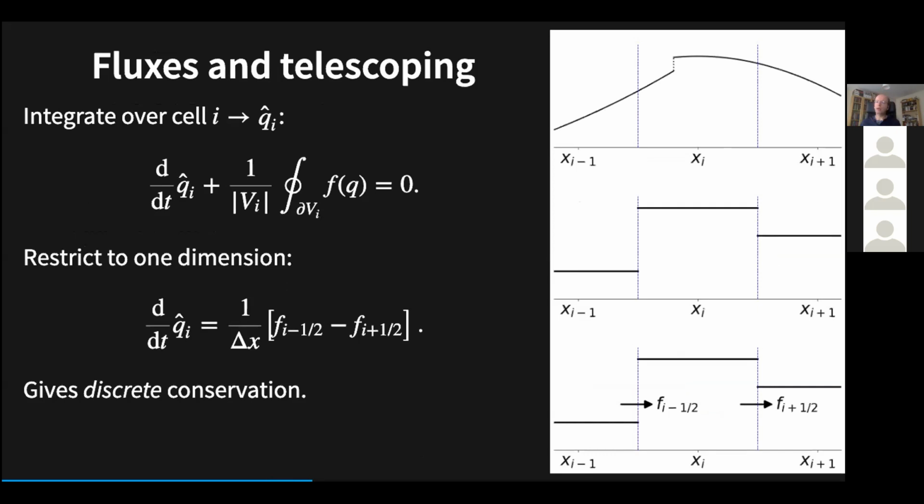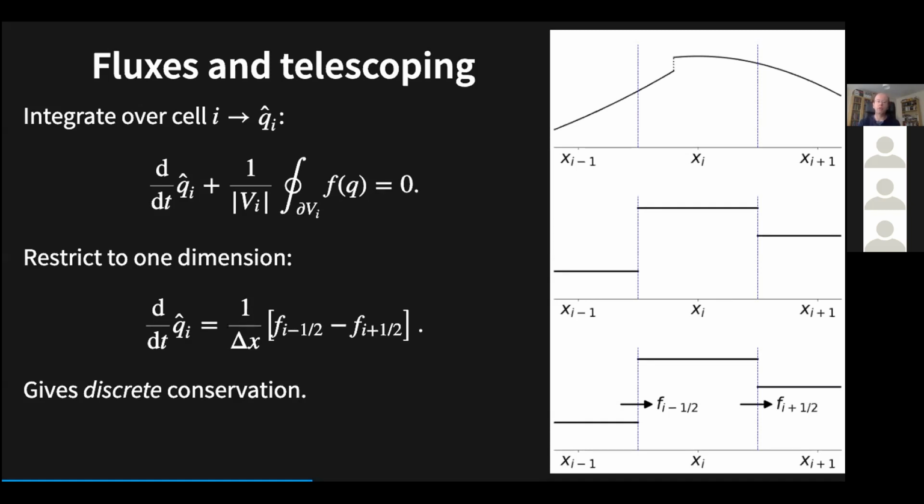So when we integrate over a domain, either over an individual cell within a domain or over the domain as a whole, what we're going to get by doing a spatial integral over that entire region is, well, the integral is going to commute with the time derivative, leading us to have the cell integral average q hat i multiplied by the size of the volume for the first term. And then we can use Gauss's theorem or Stokes' theorem, however else you want to think of it, to integrate the total divergence over the volume and replace it with the surface integral.